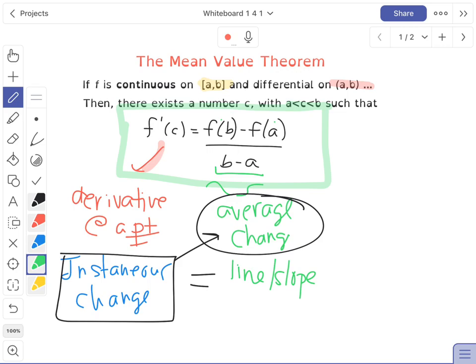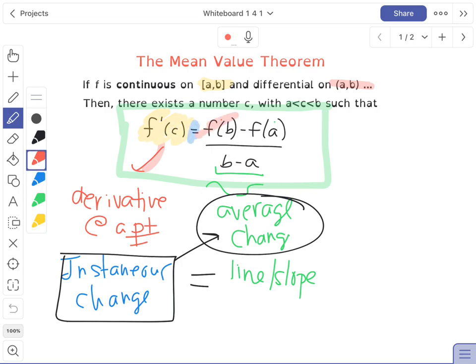But again, what we're saying here in symbols is that f prime of c, our instantaneous change at some point, will be exactly the same as the average change over that interval. So somewhere in the interval, the change will be exactly the same as the average change over the interval.